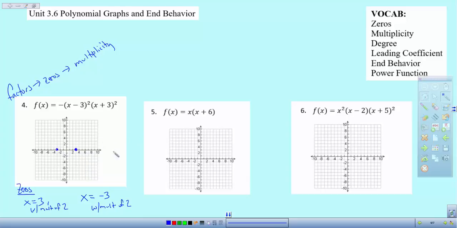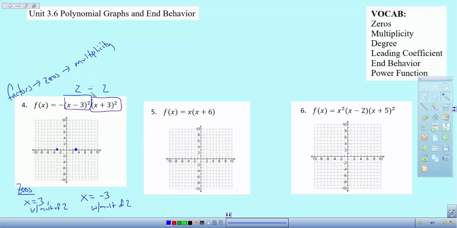Okay, so now we have to establish our end behavior. How is this graph going to behave on the ends? So we go back to that first video and we realize, well, wait a second, it doesn't have a power function. So now when we establish the end behavior, we had to look at our degrees. We had to say to ourselves, okay, well, this particular term right here has 2, and this particular term right here has 2.